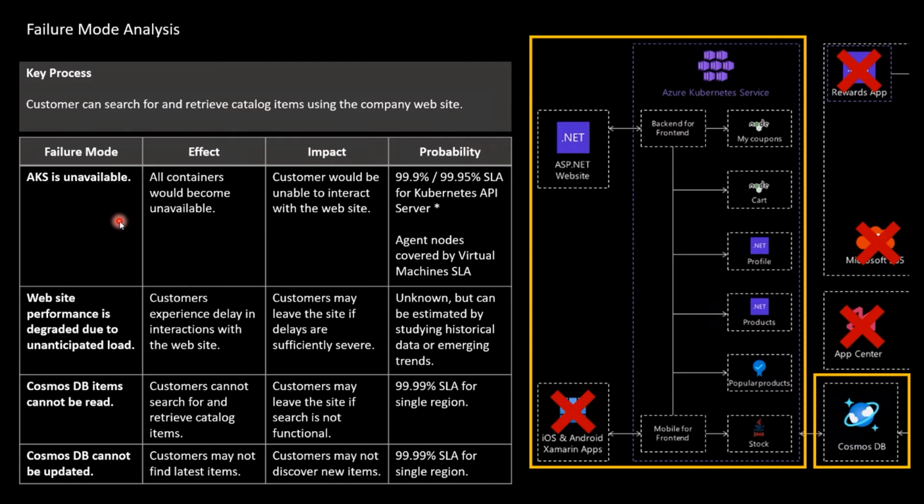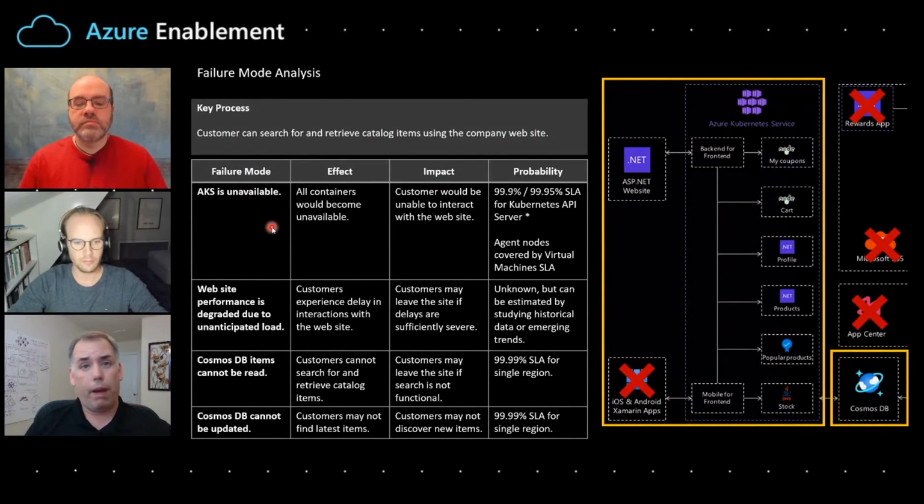And now let's talk about the probability. Well, this is where things are not as cut and dry. When we're looking at Azure components, it's relatively straightforward. When we're talking about something like load over time, it is unknown. There are some estimates that you can perform. You can look back at previous years and see what the patterns were in terms of website usage.